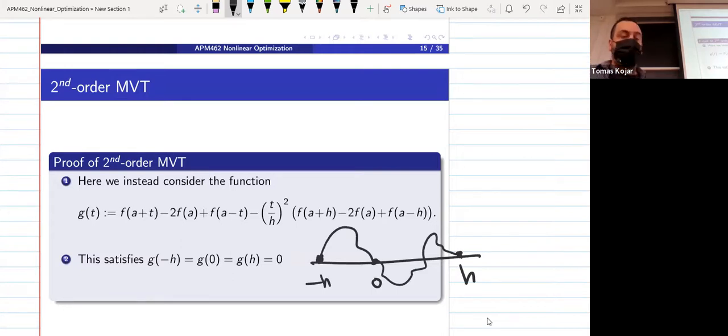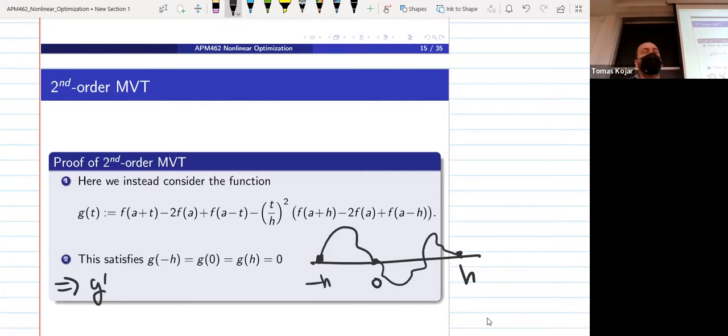Any guesses on what you can get for g prime? What's the implication for the derivative? By Rolle's theorem, what does Rolle's theorem say for g prime? At least how many?